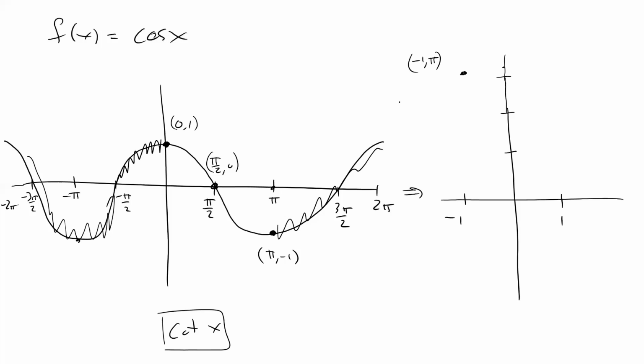Okay, everybody good there? So as it comes down, this is 3.14-ish right there, negative 1. It comes down, we're at 1.57, so we've got right here. So this is 0 and pi over 2. And then here, we're going to be at 1 comma 0. Okay, so here it is. It comes down like so.